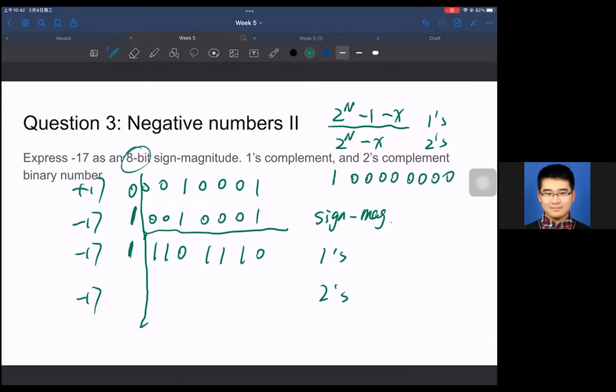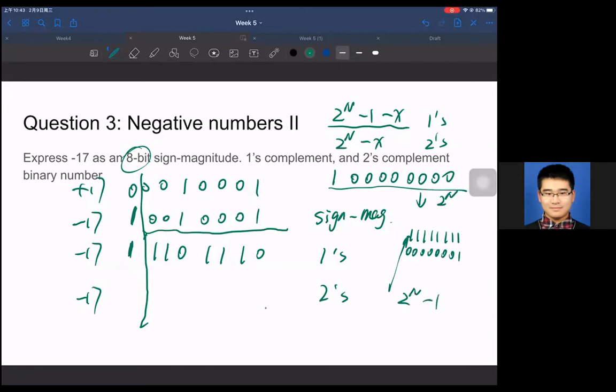So if I do a minus 1, with the borrow here, we can decompose this into 8 ones plus 0, 0, 0, 0, 0, 0, 0, 1, right? So this is 2 to the n, and this is 2 to the n minus 1.